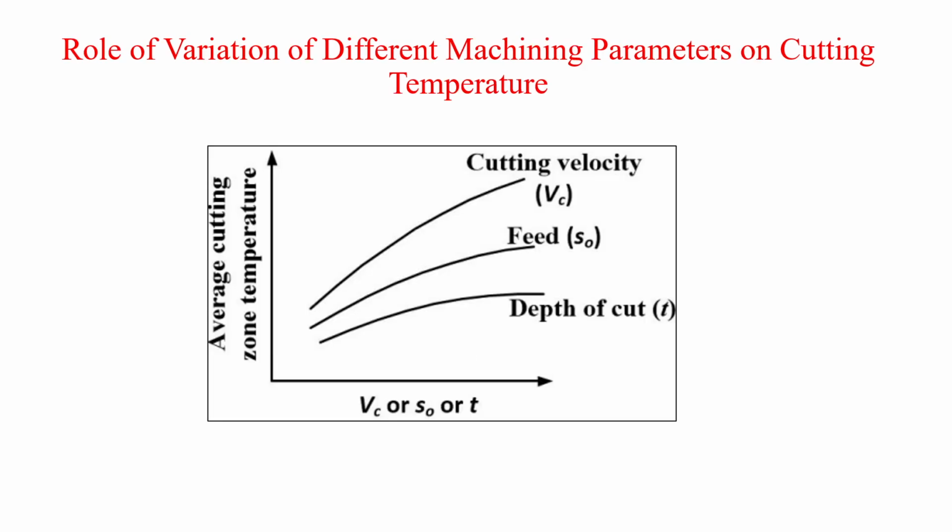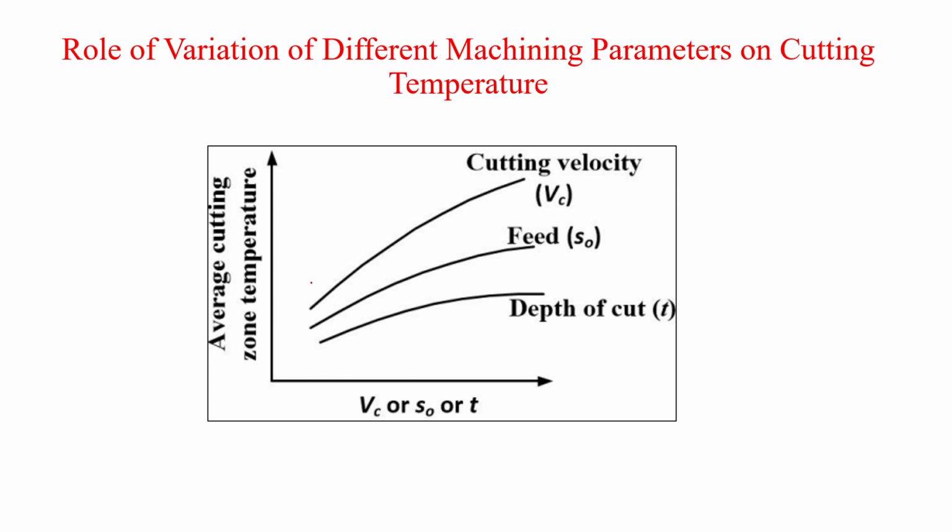The role of variation of different machining parameters on cutting temperature. We can see a graph where on the y-axis we have the temperature, and on the x-axis we have the cutting speed Vc, feed S0, and depth of cut t. Whenever we increase any of the three, the cutting temperature increases.